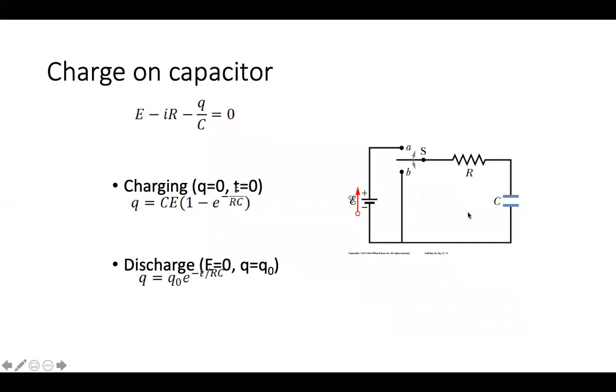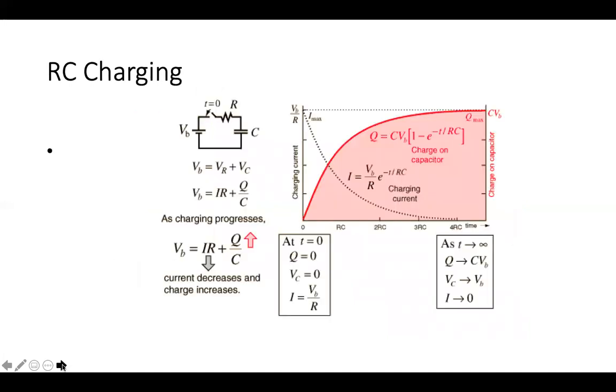The total charge on the capacitor equals the capacitance multiplied by the EMF, which is the voltage of the battery, multiplied by 1 minus e to the negative t over RC. So that's for charging. We'll come back to talk about discharging.